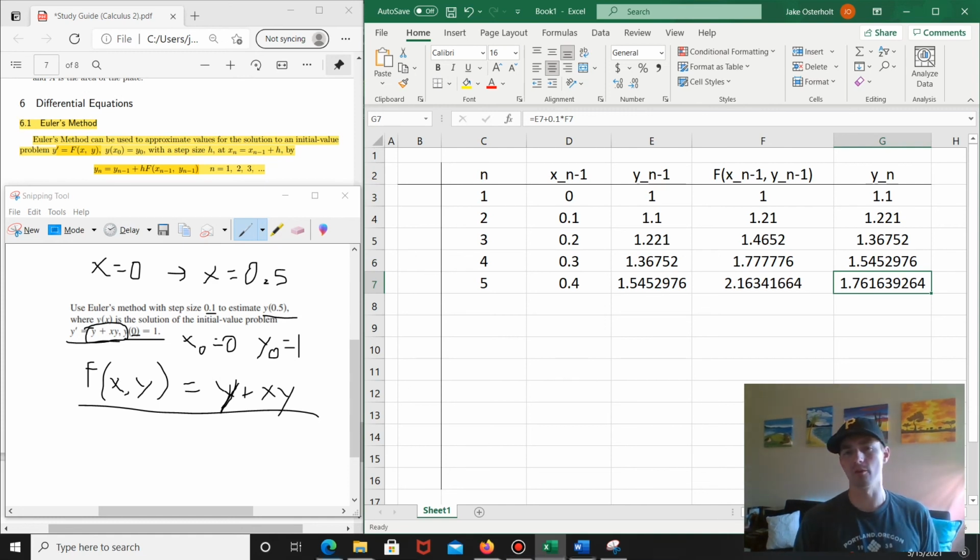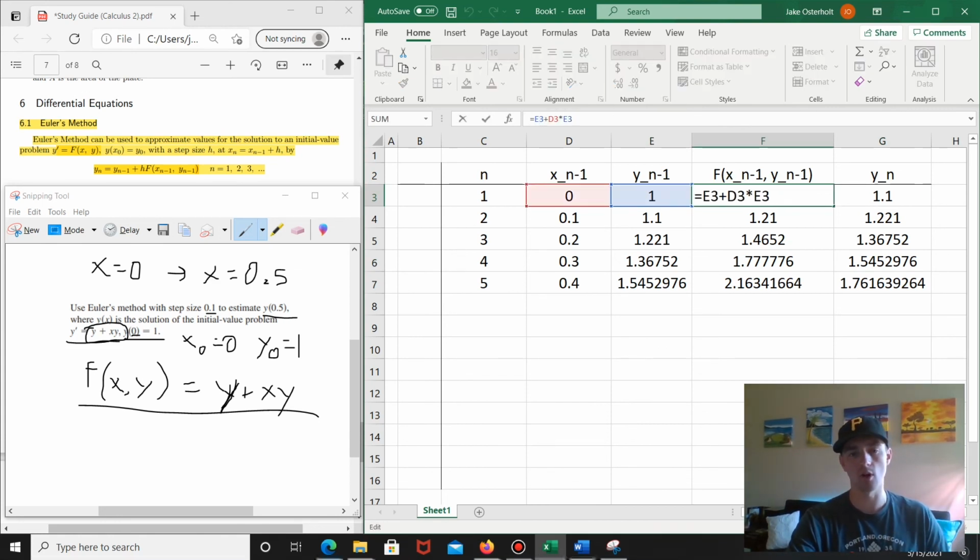Of course, if you only want to round it to 3 decimal places, we can just say 1.762, and there you go. There's your solution. That's what the problem is asking us to find. So this is really a nice shortcut method. And once you get this sheet set up, all you really have to do is edit your formulas in here, and you can apply this to really any Euler's method problem. And that should make things really easy for you.